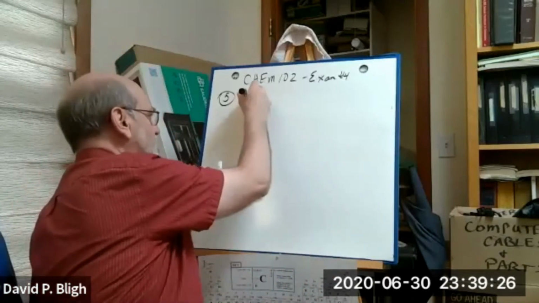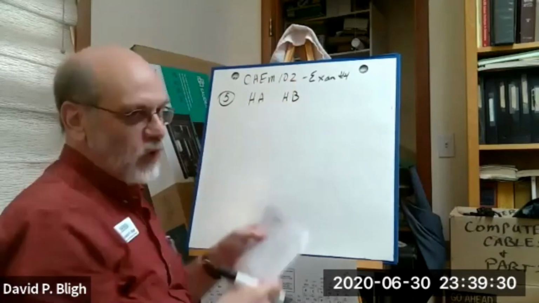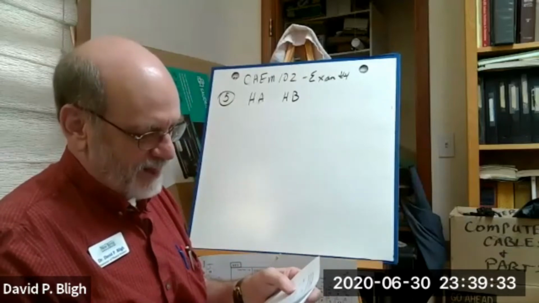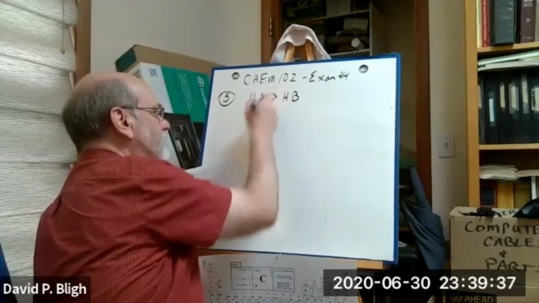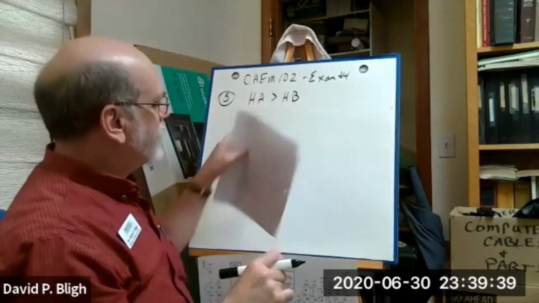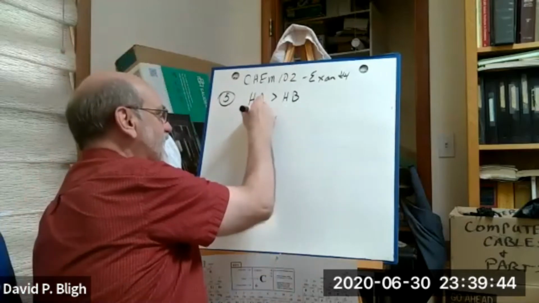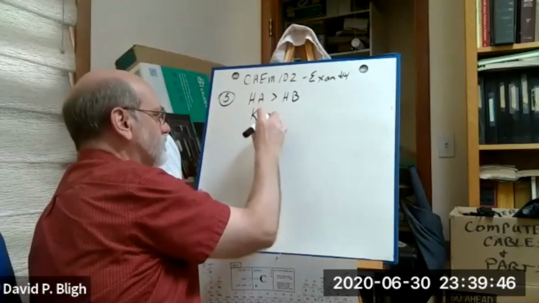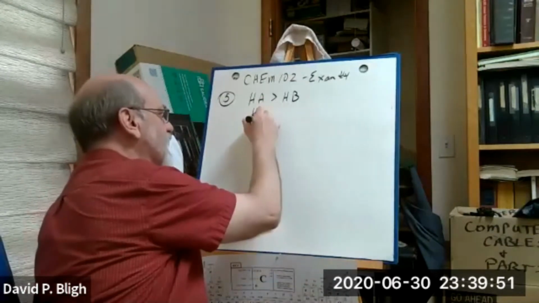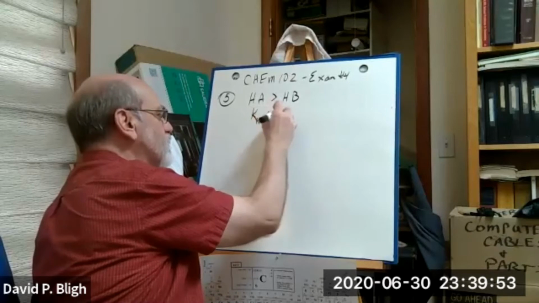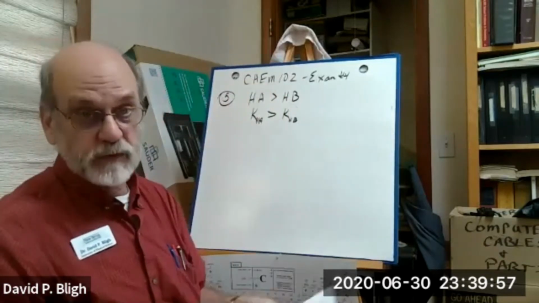HA is stronger than HB. So if HA is stronger than HB, that means the K for HA is greater than the K for HB. Right? That's true.